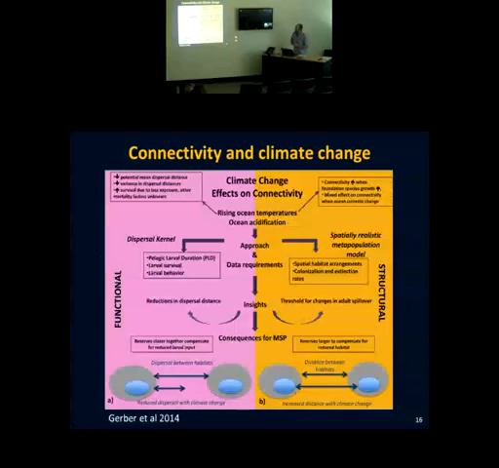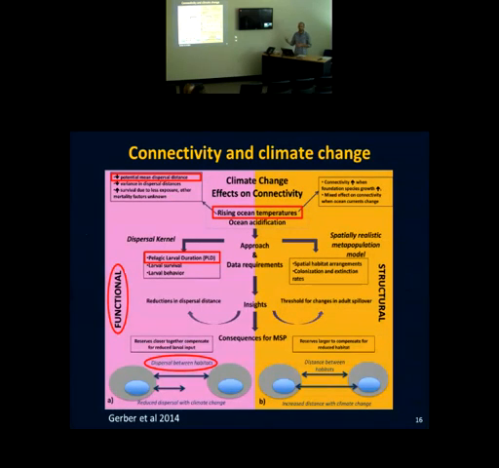I don't intend you to read this, but as I mentioned, climate change is probably going to have very different effects on the connectivity of the system. While this could affect both the structural and the functional connectivity of the system, we decided to focus on one particular aspect for which we have information and which we think is relevant. We focused on rising ocean temperatures and how that affects the potential mean dispersal as mediated by the planktonic larval duration.